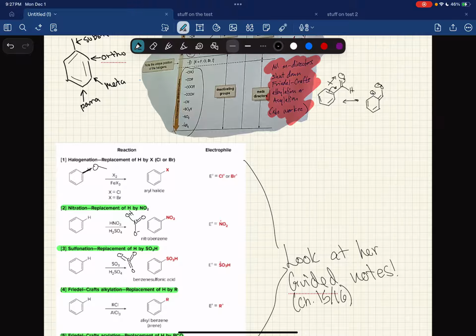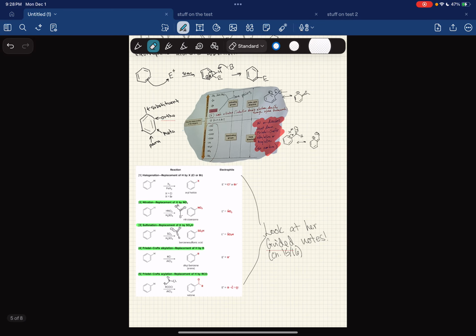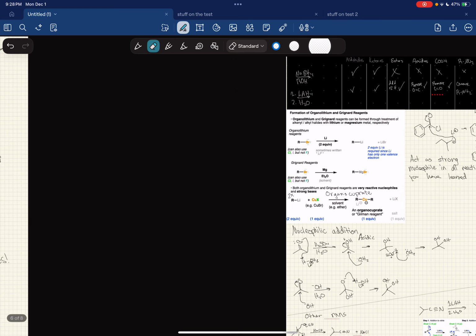This X, like that's not there, will only add to that or to that. So that's kind of the application. You're not going to get a meta product if there's an activator on the ring. But yeah, I just say go look at her guided notes for that. Because 17 and 22 are beast.